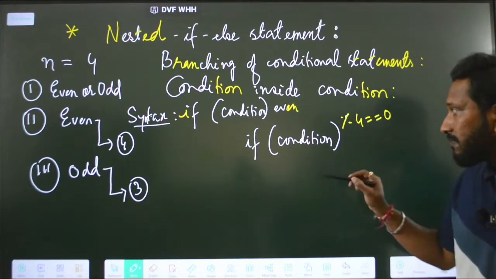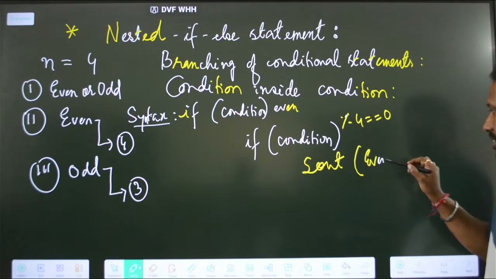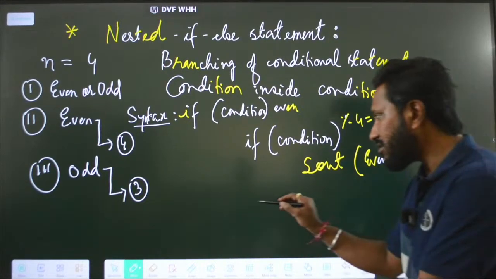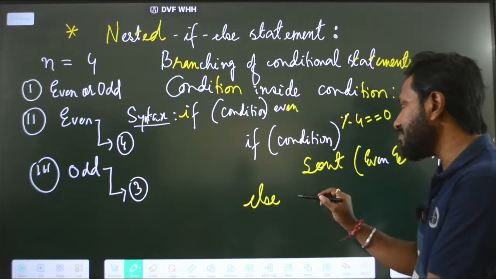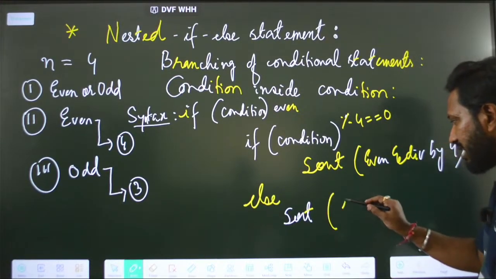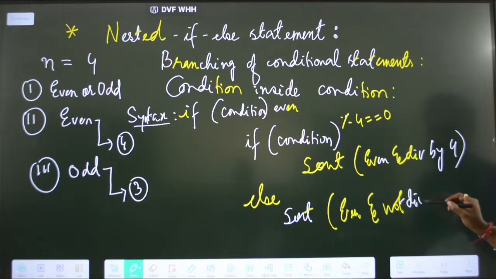Here I will just say S out, even and divisible by 4, correct? Otherwise, else I will simply print S out, even and not divisible by 4.